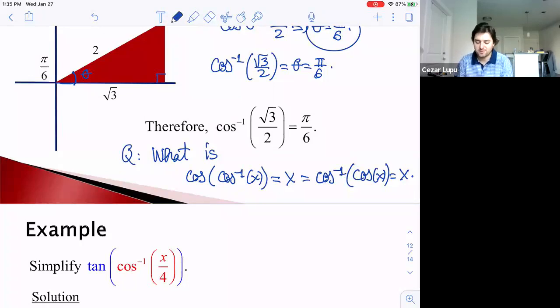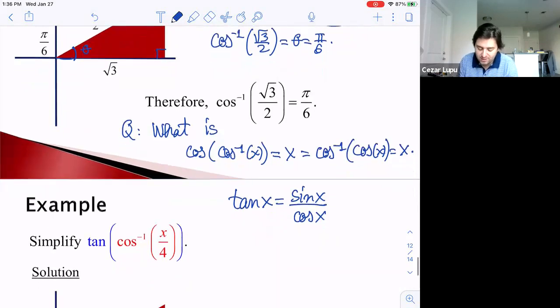So what is the tangent function? Tan of x is sine of x over cosine of x, right? So you can write this as sine of cosine inverse of x over 4, everything over cosine of cosine inverse of x over 4. Cosine of cosine inverse of x over 4, it's clear. We know it's x over 4, but we also have the sine. So what should we do? That's a little bit tricky.